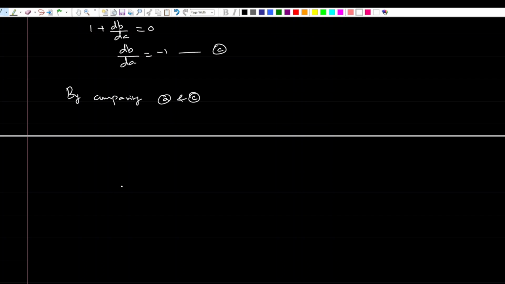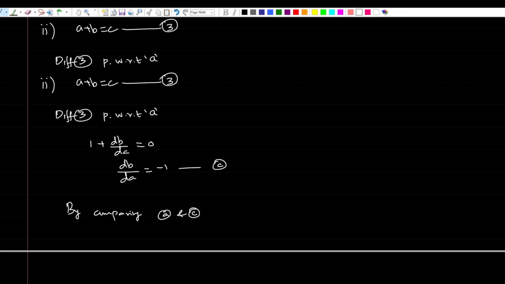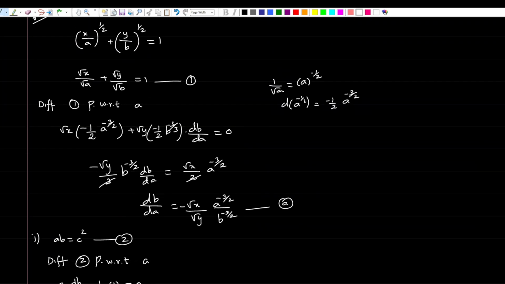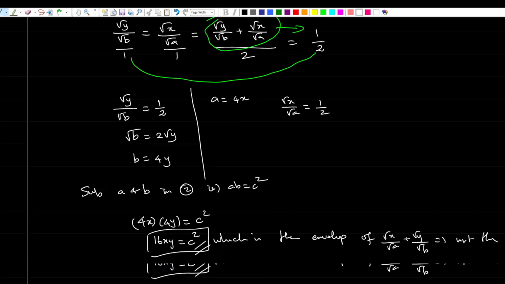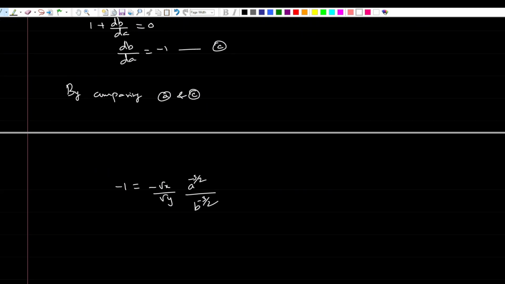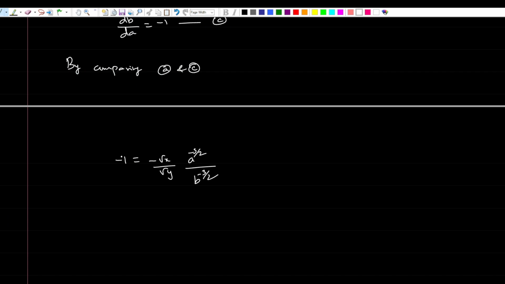So minus 1 is equal to minus root x by root y, a power minus 3 by 2 divided by b power minus 3 by 2. Now this minus and minus we can cancel.